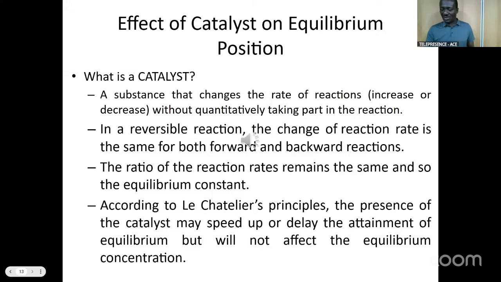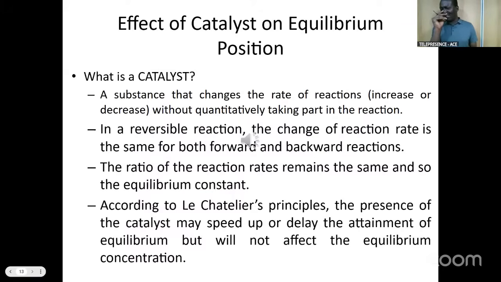The converse of that is what will happen when you have an increase or decrease in volume, since pressure and volume are inversely proportional. I hope that is understandable to you.